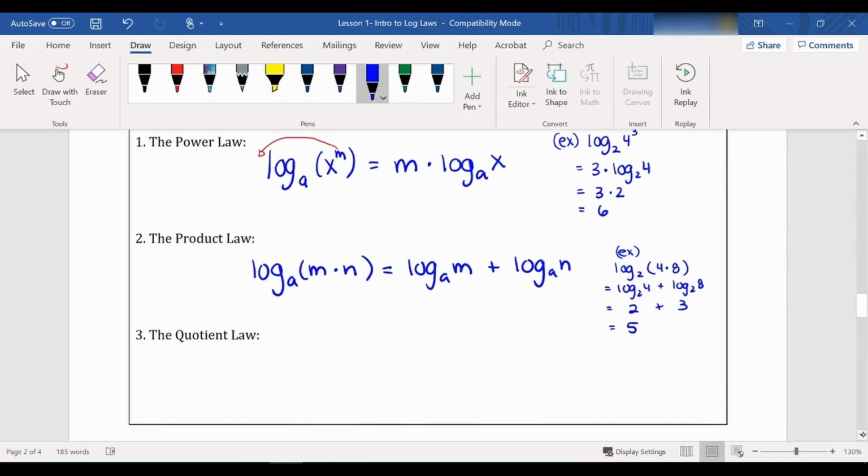The quotient law is if you have some log base A of m over n, you can rewrite this as log base A of m minus log base A of n.